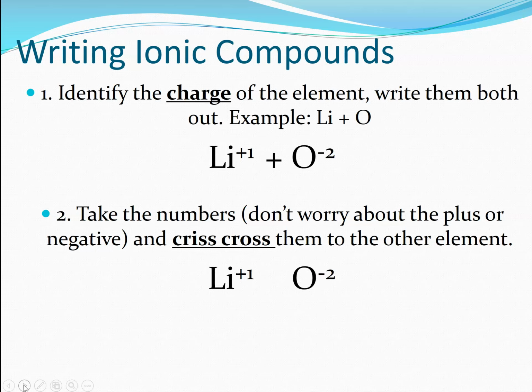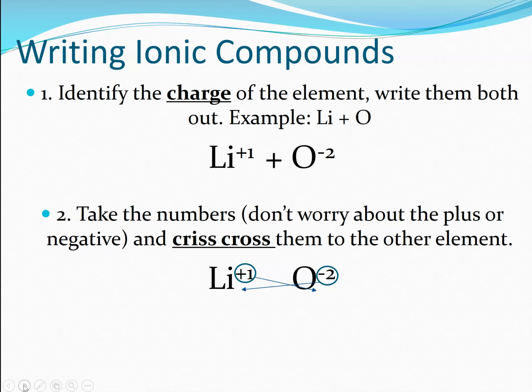So here we wrote them out without the plus sign in the middle. We're going to take just the numbers, not the charge, and crisscross them. The 1 from the lithium goes in front of the oxygen, and the 2 from the oxygen goes as a subscript in front of the lithium.